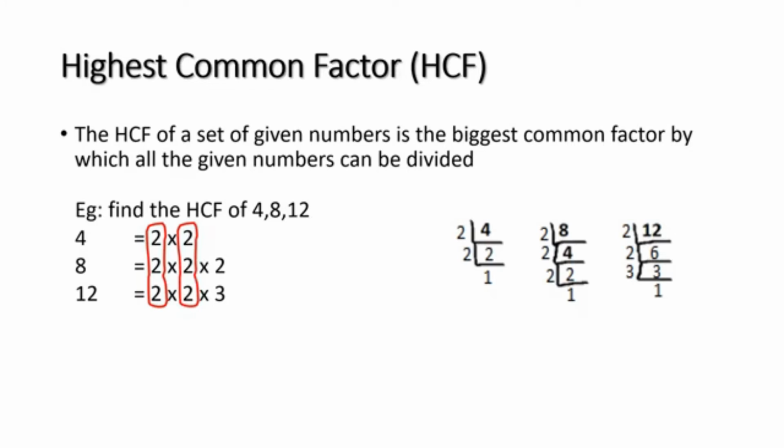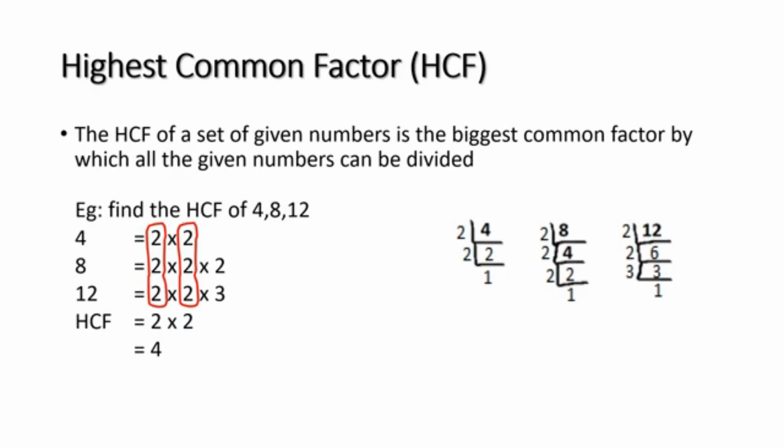Then the highest common factor is taken as 2 into 2 because there are two 2's in common for these three numbers. So 4 becomes our highest common factor. Now if you see carefully, 4, 8 and 12 can be divided by 4 without a remainder. Therefore, our highest common factor of these three numbers is 4.